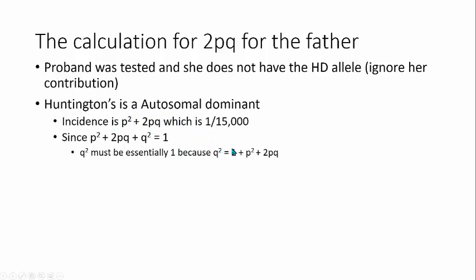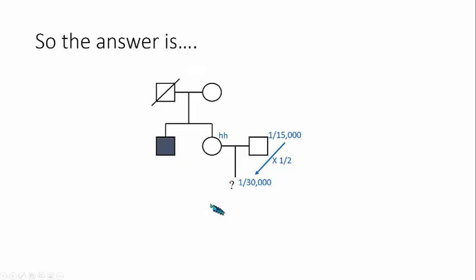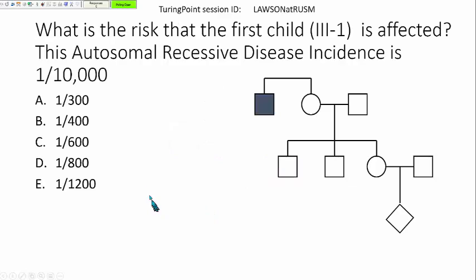Because that's essentially 1, we can assume that P squared must be even smaller, essentially 0, so we ignore it and just use the frequency as the 2PQ in the problem. So we put in the incidence here as 2PQ for the father, multiplied by 1/2, and we get 1 in 30,000 as a chance for the child.